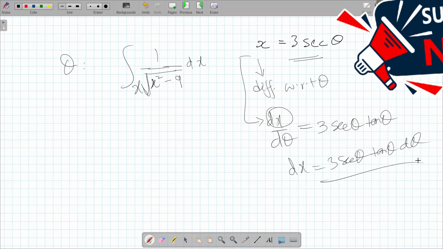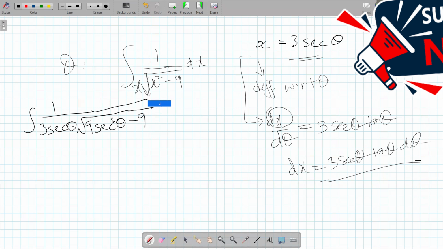So we have the integral of 1 over 3 sec theta times the square root of 9 sec squared theta minus 9, all times 3 sec theta tan theta.